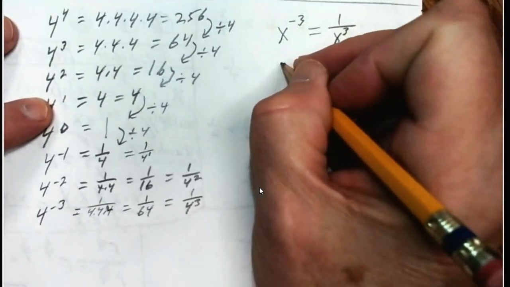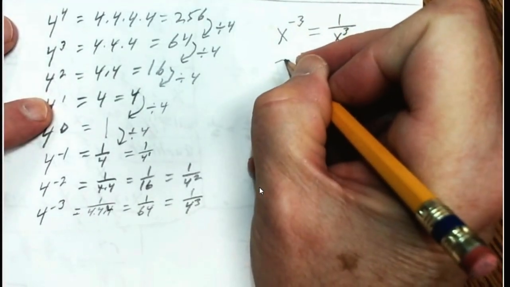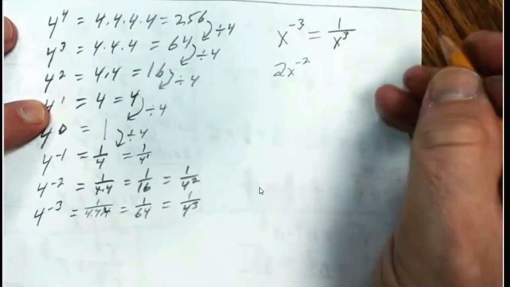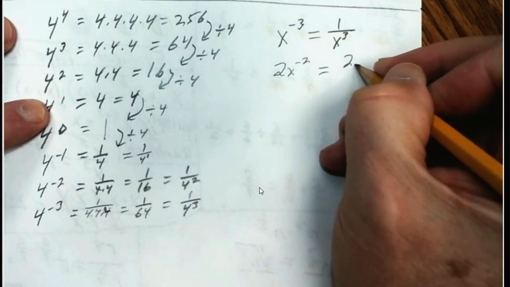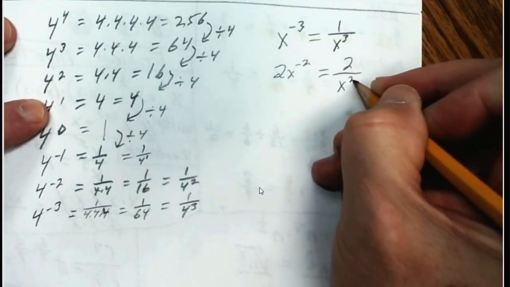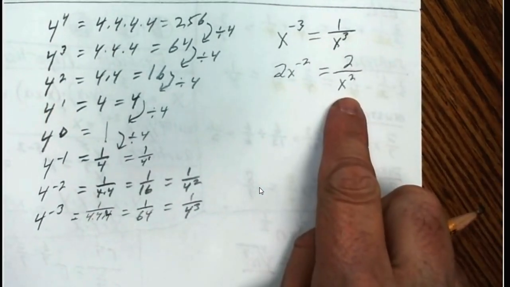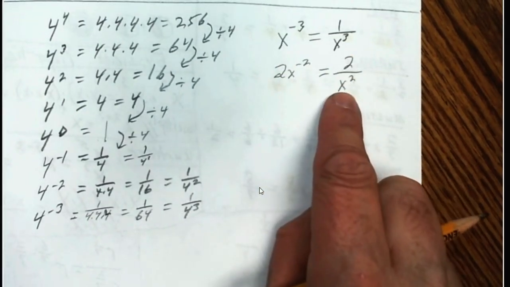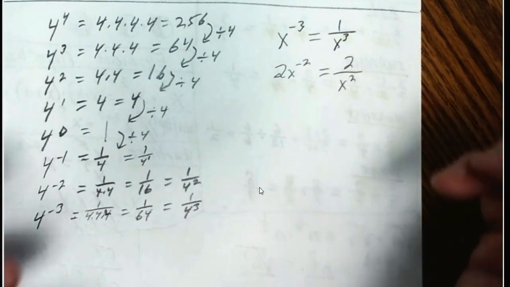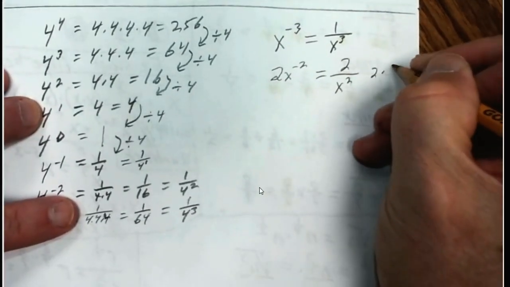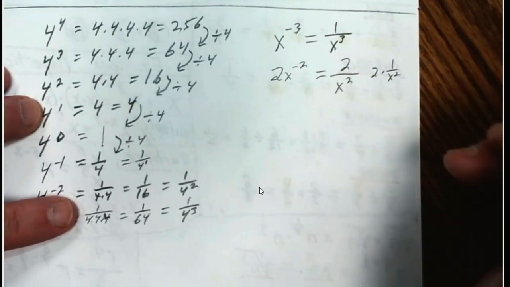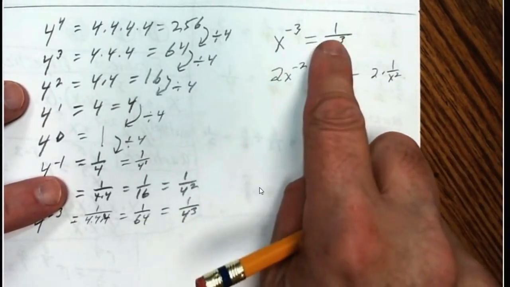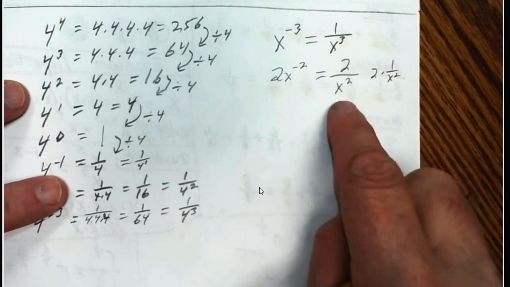If we have 2x to the negative 2 power, the 2 stays on top and the x squared moves to the bottom to make it a positive exponent. With x to the negative 2, x has to move down. That's the same thing as 2 times 1 over x squared. 2 times x to the negative 2, 2 times 1 over x squared. So it's this.